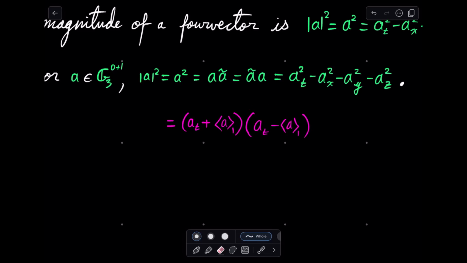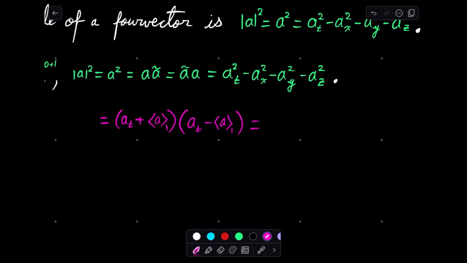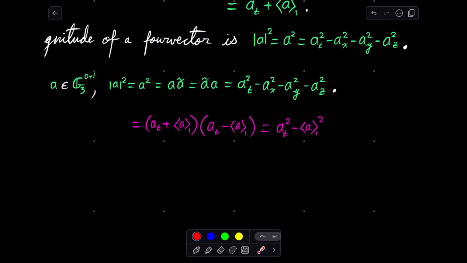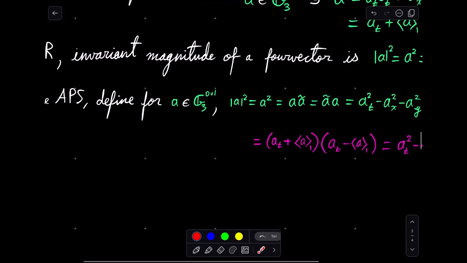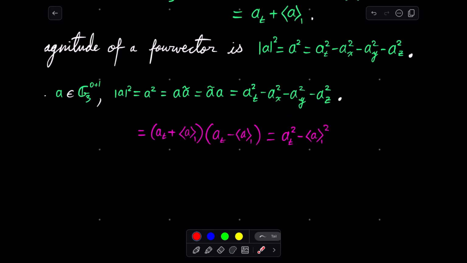So you just end up with this. And then if you expand this out, you end up with A_t squared minus the vector A squared. If you know your definition of a vector squared with itself, then you should get this, and you can do that on your own paper. But that is how the invariant magnitude of a 4-vector is encoded within paravectors.